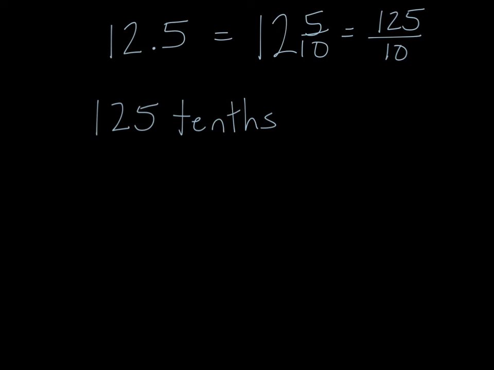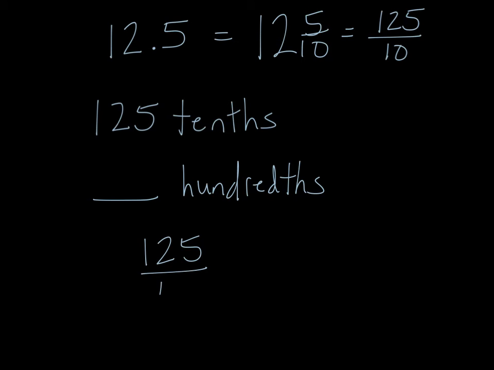So the next step is to ask, how many hundredths is that? If I take my improper fraction, 125 tenths, and I want to turn that into hundredths, I need to multiply the denominator 10 by 10 because there are 10 hundredths in each tenth. So whatever I do to the bottom, I'm going to do to the top.